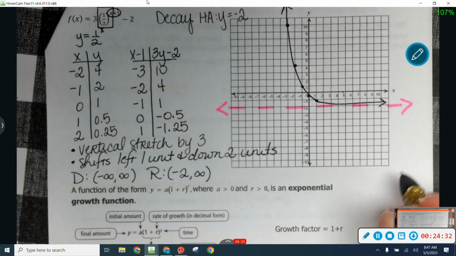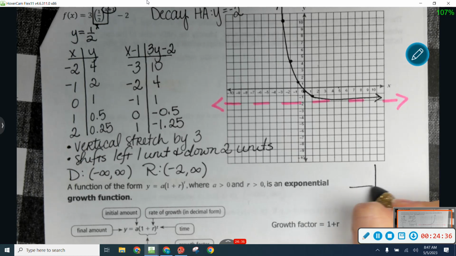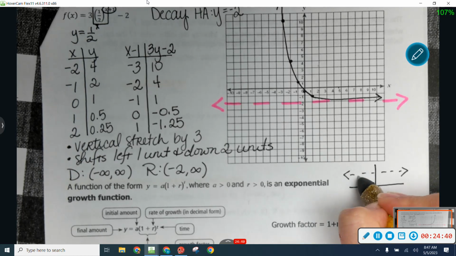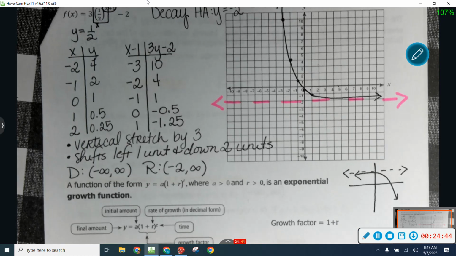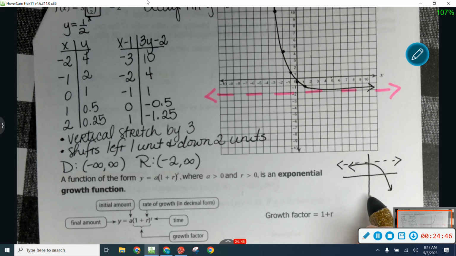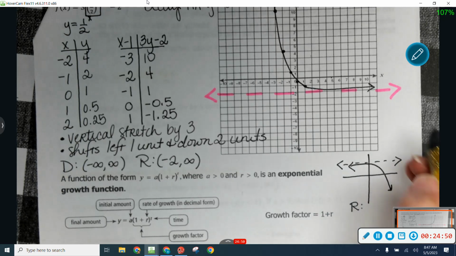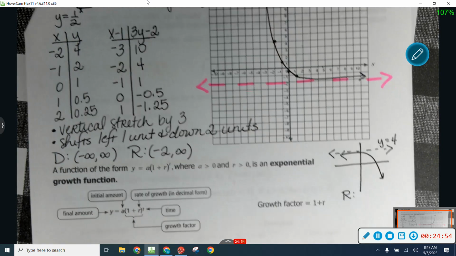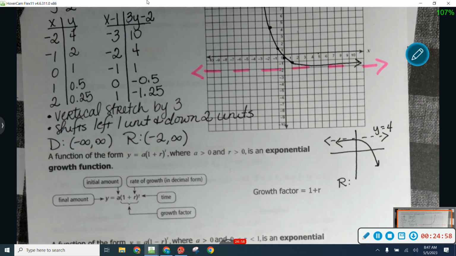Okay? So say here's my asymptote, if my graph looked like this, that means I would have had a reflection. My range here, say this is y equals 4, would not be 4 to +infinity because +infinity is going up, but my graph is going down.